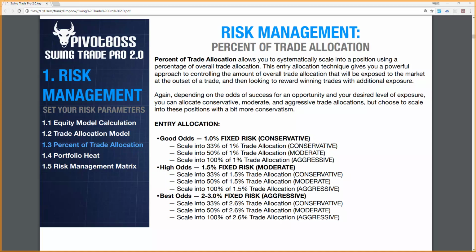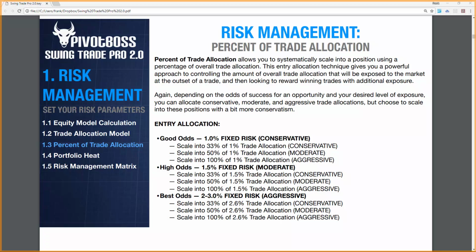This entry allocation technique gives you a powerful approach to controlling the amount of overall trade allocation that will be exposed to the market at the outset of a trade, and then looking to reward winning trades with additional exposure. Again, depending on the odds of success for an opportunity and your desired level of exposure, you can allocate conservative, moderate, and aggressive trade allocations, but choose to scale into these positions with a bit more conservatism.